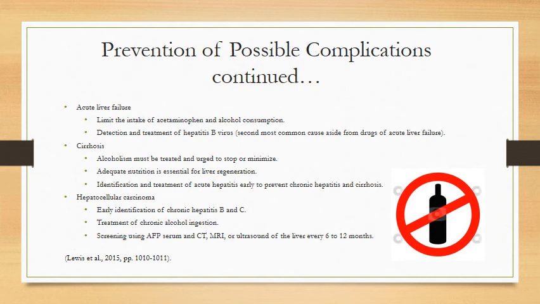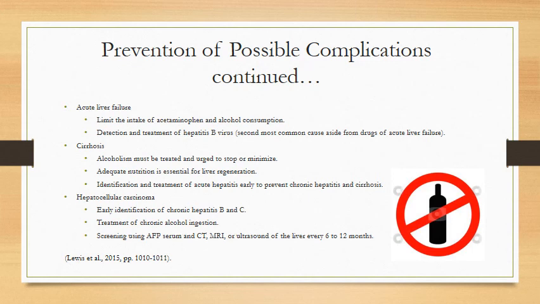For cirrhosis, alcoholism must be treated and urged to be stopped or minimized, because alcohol damages the liver. Adequate nutrition is essential for liver regeneration, as is identification and early treatment of acute hepatitis to prevent chronic hepatitis and cirrhosis.